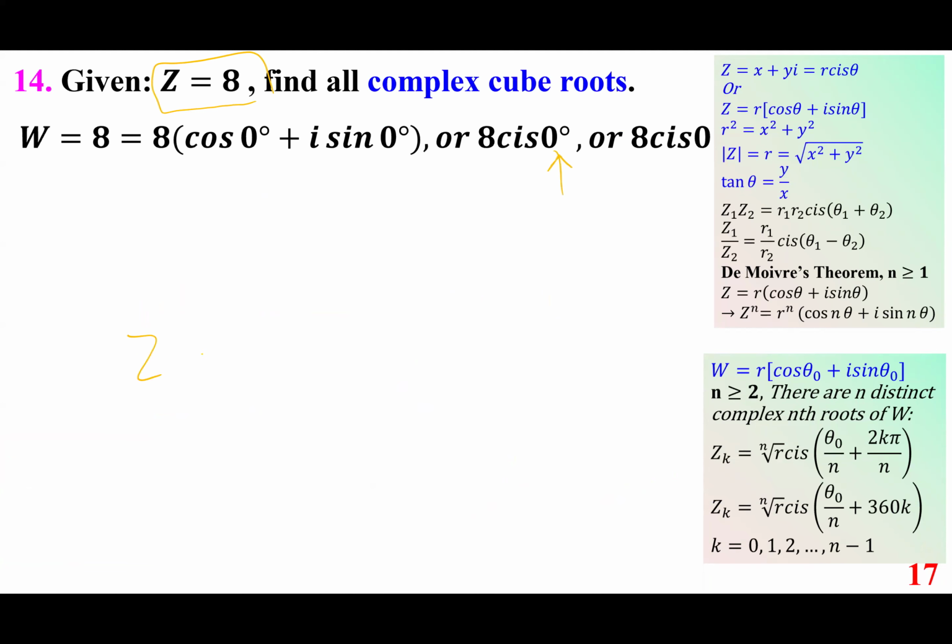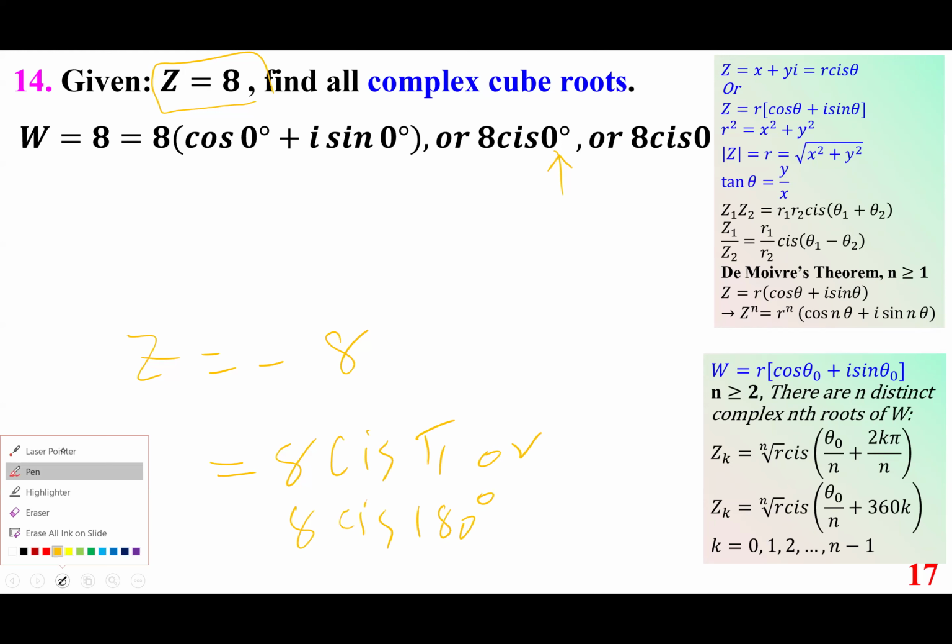But if it's negative, let's say it was minus 8, then it would be 8 cis pi or 8 cis 180 degrees. Just the r is always positive, r cis theta. So the angle is 0 for positive values, the angle 180 or pi for negative values. That's the first thing I want to discuss.